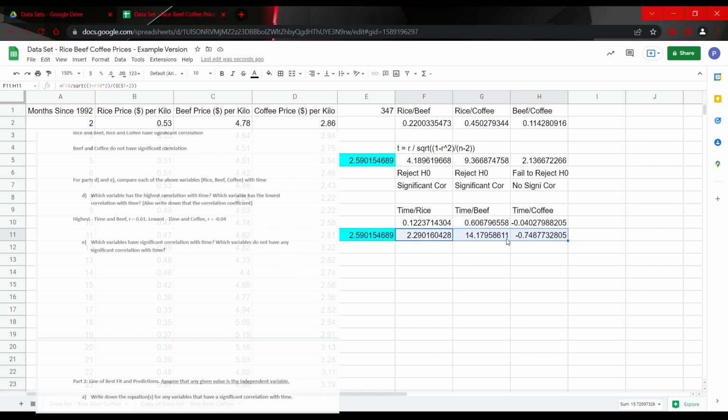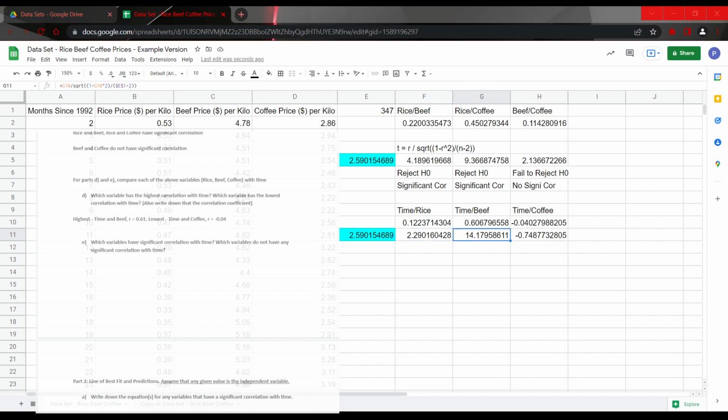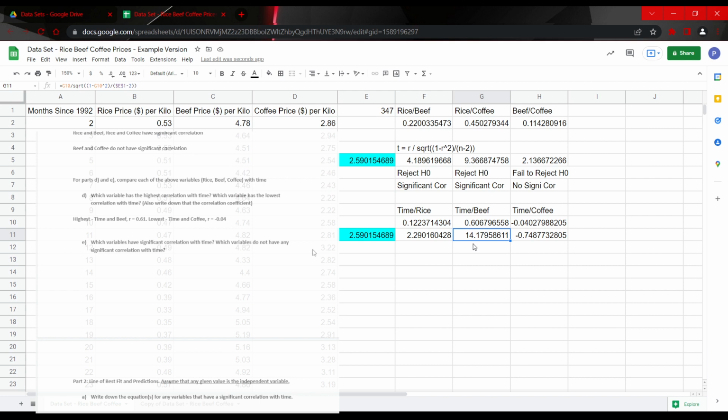Hypothesis testing, we're going to do the same thing. From here, I'm not going to graph it. I'll let you try doing that yourself. But time and beef is very obviously going to be reject H0. Reject H0. The other two, we're going to fail to reject.